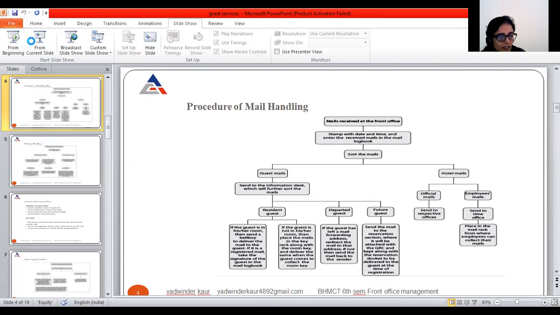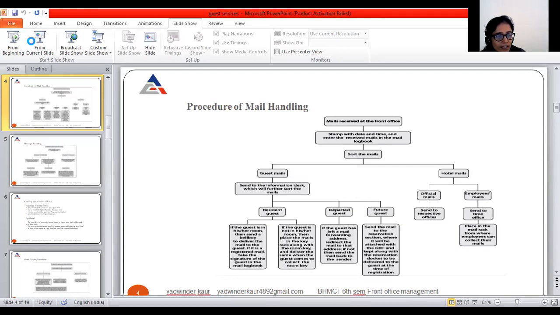If it is a registered mail, take the signature of the guest in the mail logbook. When the guest is staying with us and we receive any mail, we send the bellboy to deliver the mail to the guest.